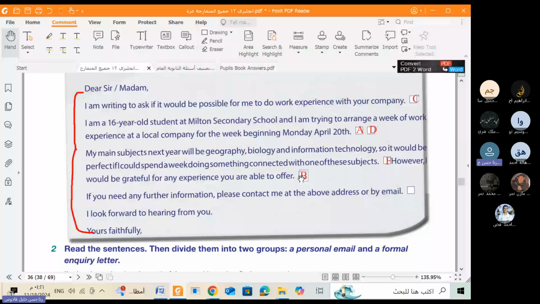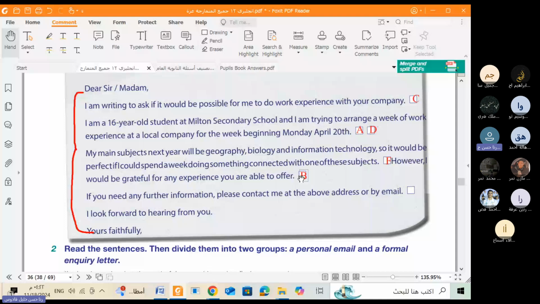Now, if there is no chance to have a work experience connected with these subjects, I would be grateful for any experience you are able to offer. Yani I can accept any offer that you give me, any kind of work. Okay? This is to give yourself more chance of getting a work experience at that company if there is no chance, depending on the subject that you are studying at your school.